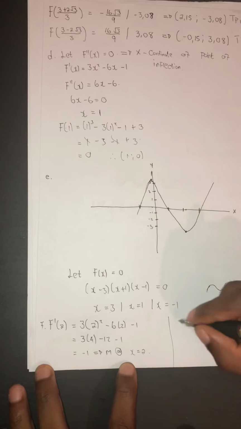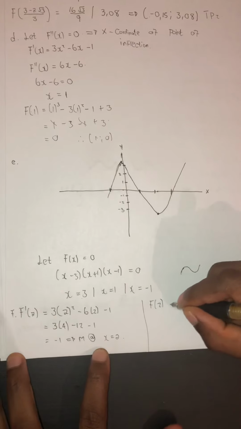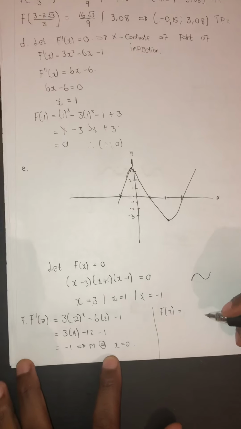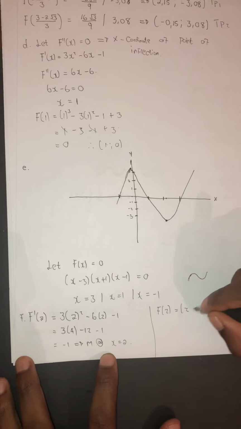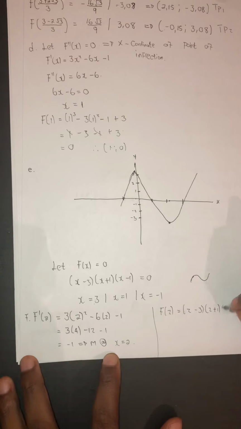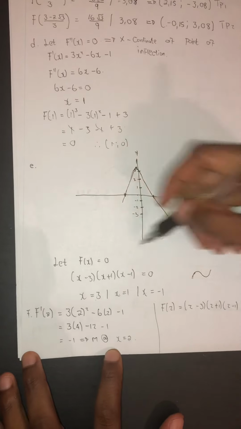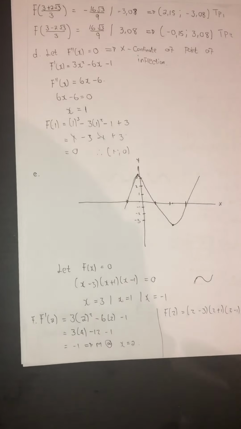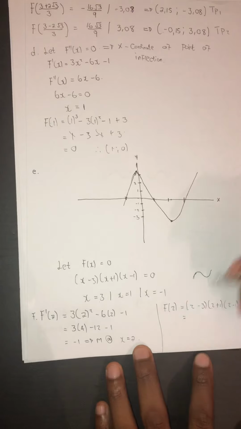So now if I do my f of 2, I will get 2 minus 3, 2 plus 1, 2 minus 1. I'm using the factorized form, but you can also use the original function.